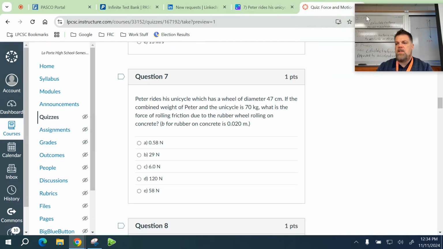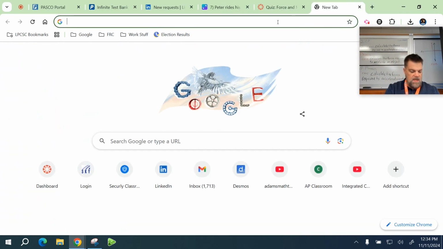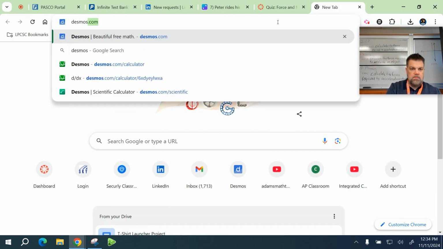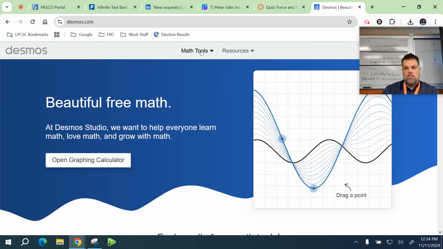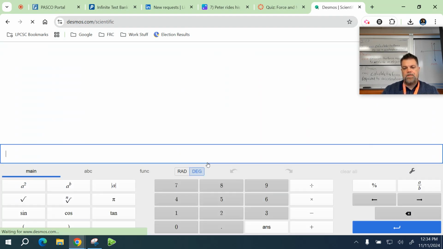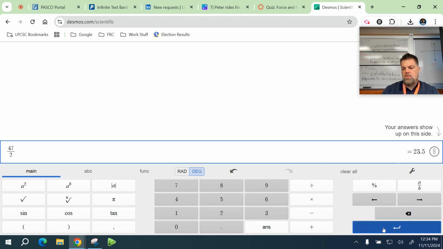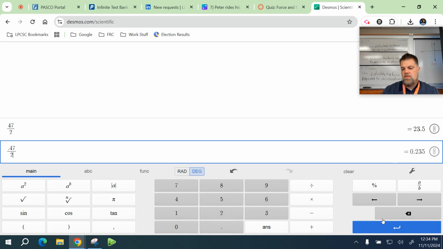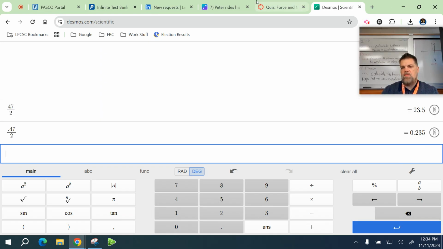But let's double check that for sure. So we'll go into Desmos and we'll use the scientific calculator. And we're going to say 47 divided by 2. Actually, I should say 0.47 because we had to convert it to meters, divided by 2. There we go, 0.235.